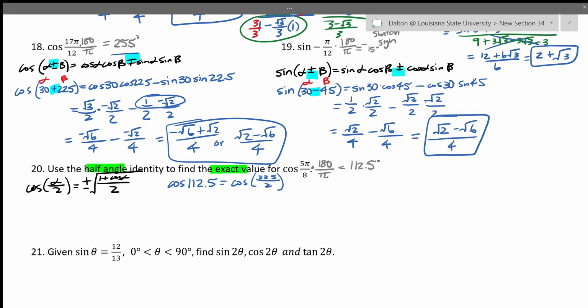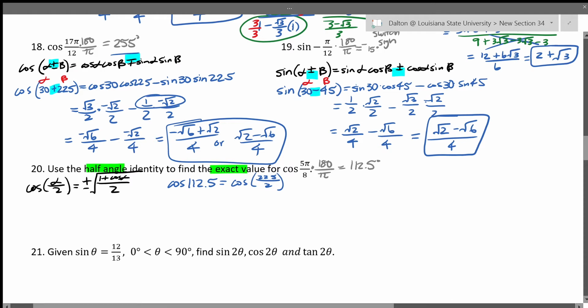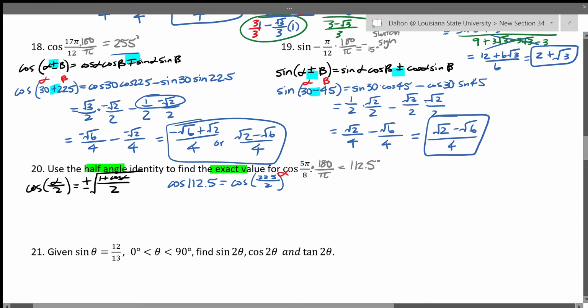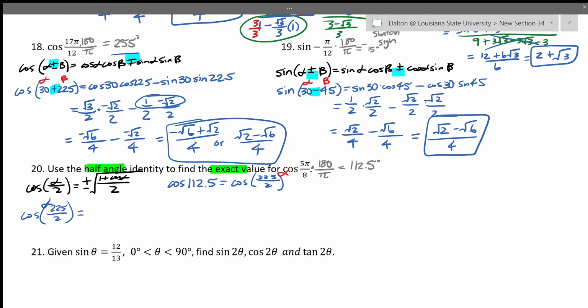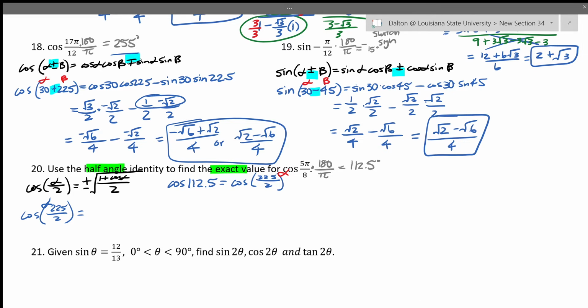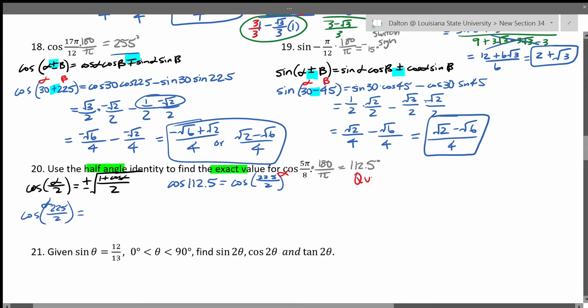So then, this looks like a scenario of alpha over 2, right? 225 over 2. So then if I plug that in the identity, that's going to tell me that the cosine of 225 over 2, so alpha over 2, is going to equal. Now, the whole plus or minus thing, here's the deal. We need the cosine of this whole angle, right? The alpha over 2 is 112.5. So 112.5 is in quadrant 2.